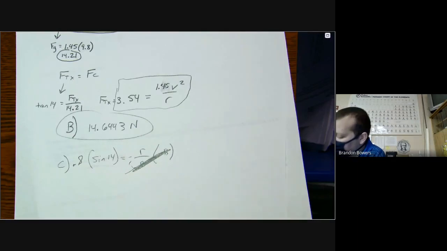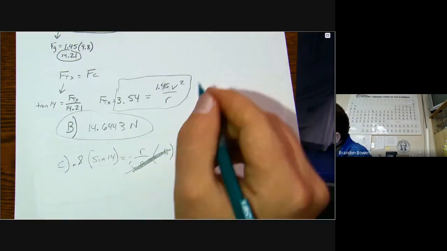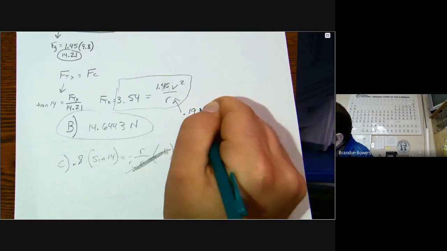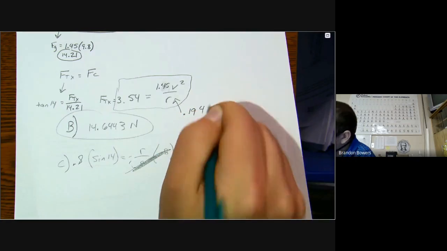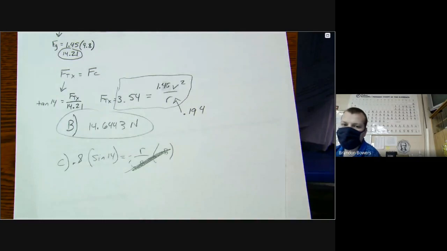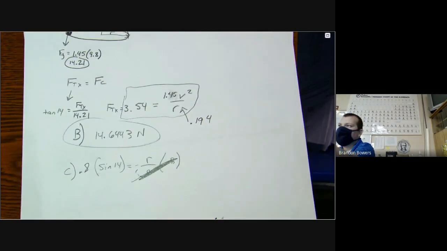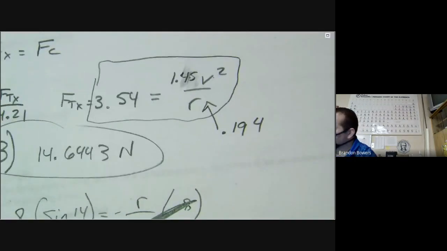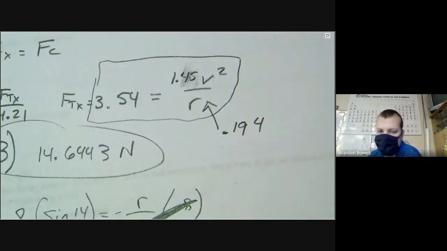Does that kind of make sense? 0.8 times the sine of 14. All right, so I got r to be 0.194, and now you can solve for v. What is my final answer here?